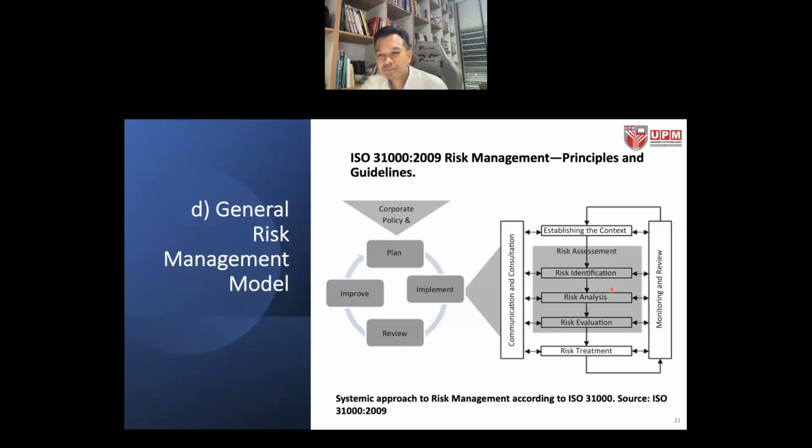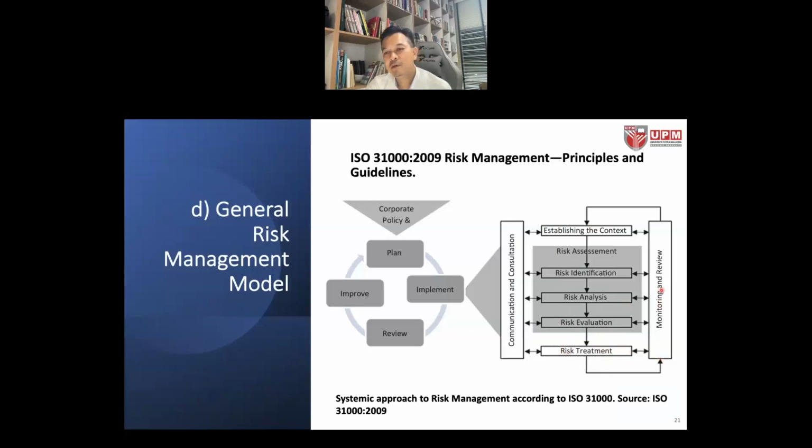Okay, so if you look here, the implementation is communicated and consulted. You have to consult all the levels in terms of establishing the context, in terms of having risk assessment, risk identification, risk analysis, risk evaluation, and risk treatment, right?